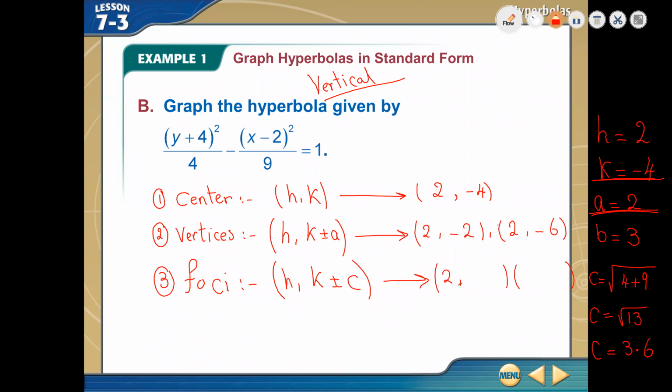C is 3.6. So it will be -4 plus 3.6, which gives me negative 0.4. And here 2, negative, so make it minus: we add. 7.6. Yes, of course, 7.6.